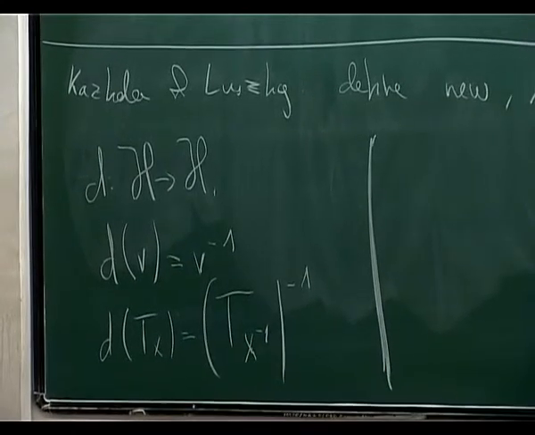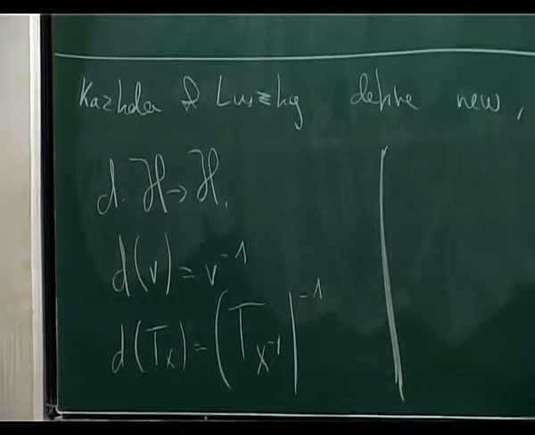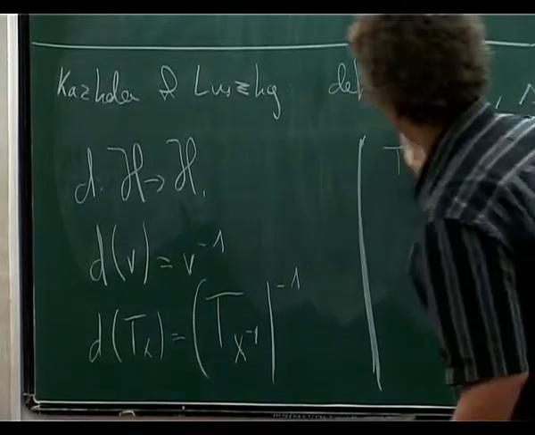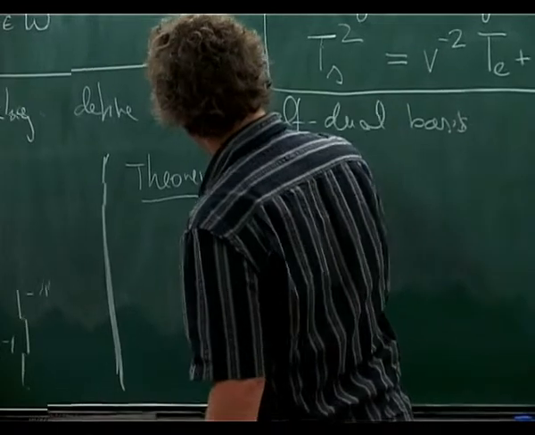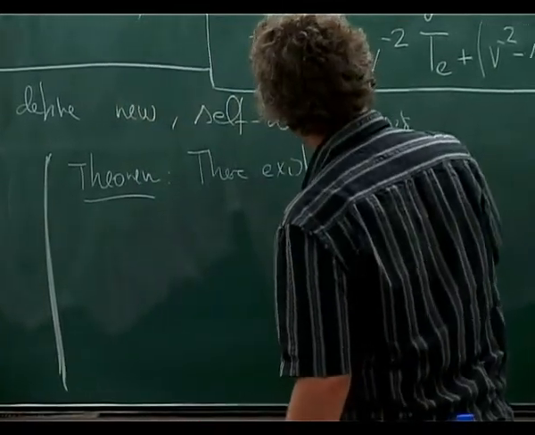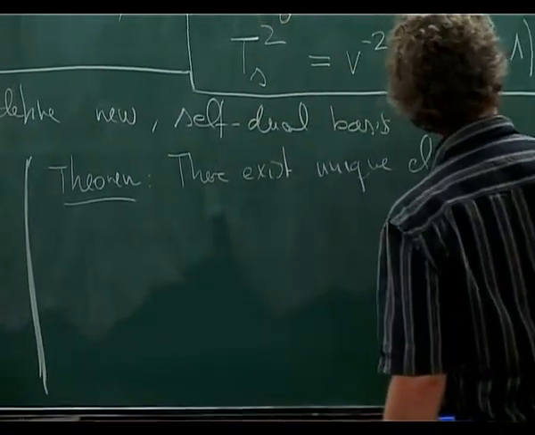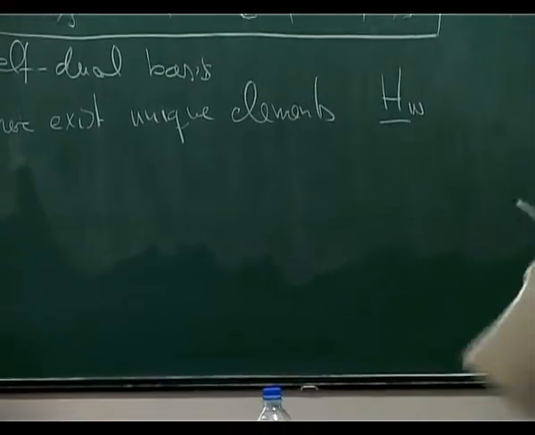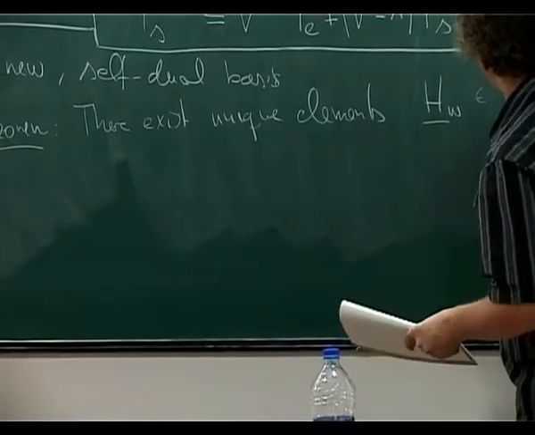So the theorem is the following. There exist unique elements, let's call them H underline w, because there's a slightly different normalization, H underline w in the Hecke algebra with the following properties.